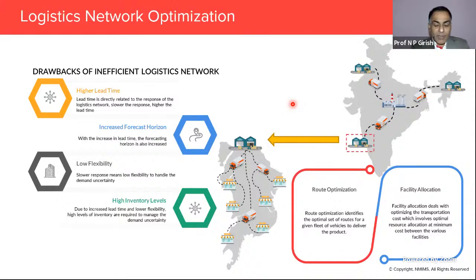Having covered network optimization and gravity allocation, we are now going to be talking about two other models. One is route optimization. When I have to send goods to various customers, what is the optimal route that I am going to take? Next, when I have some existing facilities, from which facility do I supply to different places?